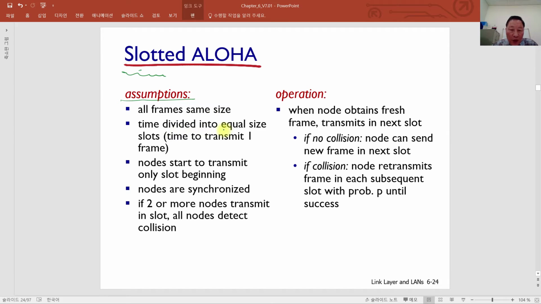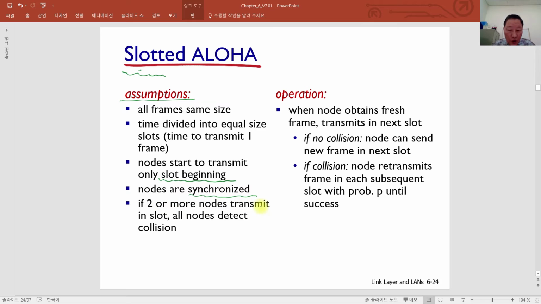Time is divided into equal size slots, the time to transmit one frame. Nodes start to transmit only at the slot beginning. At the beginning of the slot, nodes can send, not in the middle of the slot. That is the assumption. Nodes are synchronized with a shared clock.